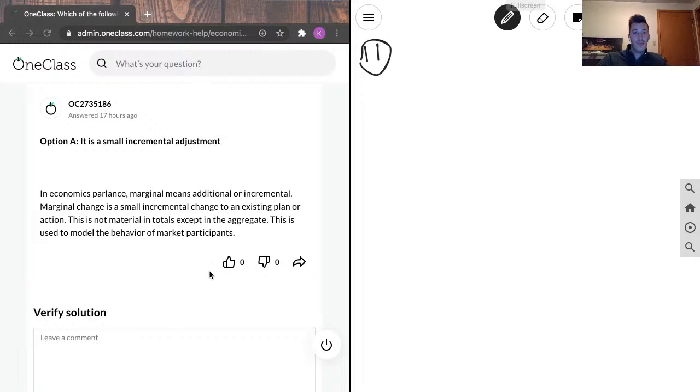In short, the marginal change is, I'll write this out again. You'll often hear that economists think at the margins. And this means what you would think it means from this definition. They think about what happens when you make an incremental adjustment. So marginal change.